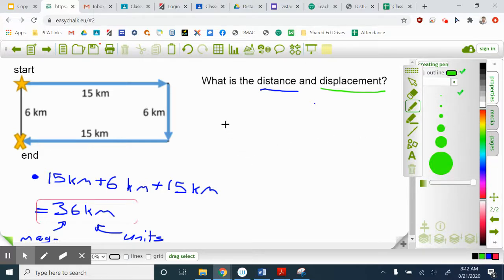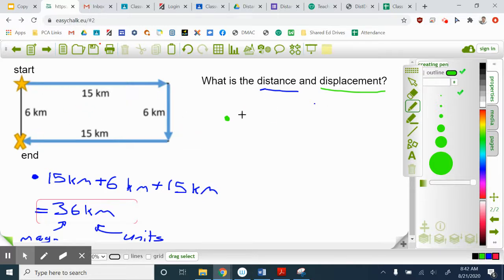So remember, displacement is a vector quantity. Remember your definition of scalars and vectors. Okay? Displacement is a vector quantity, and it looks at where an object started, right? Where did they start, to where they ended. It doesn't look at its total route, right?